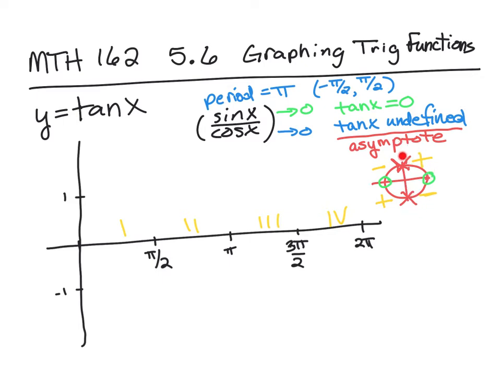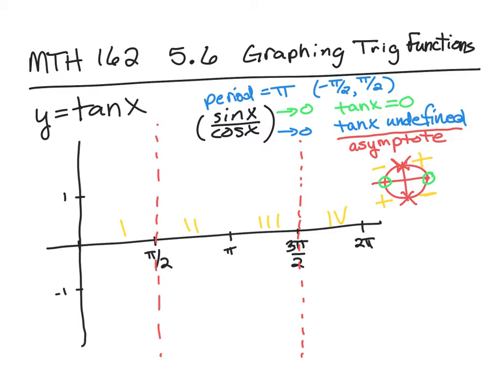So between quadrant 1 and 2, I have an asymptote. And between quadrants 3 and 4, I have another one. Why? Because I can't divide by 0. And the cosine is in the denominator, and it's 0 there.